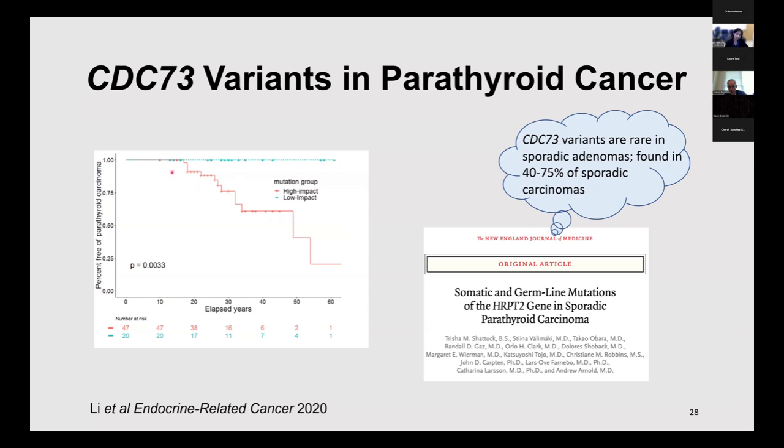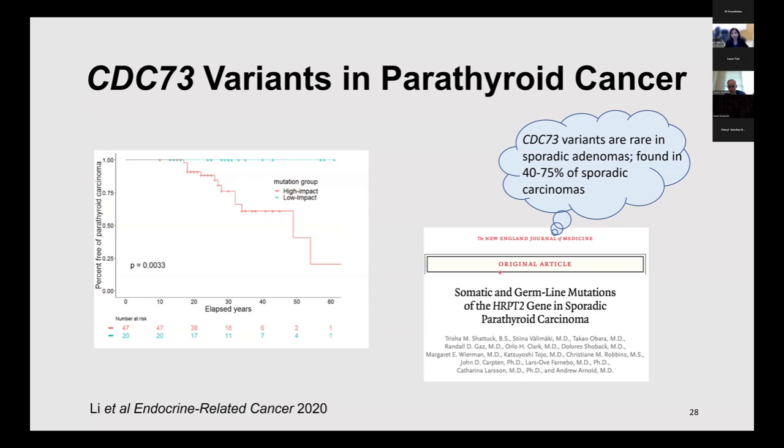And what was seen was that the patients with these high impact mutations had a 6.5-fold increased risk of developing parathyroid cancer. So again, something to keep in mind as we counsel these patients.